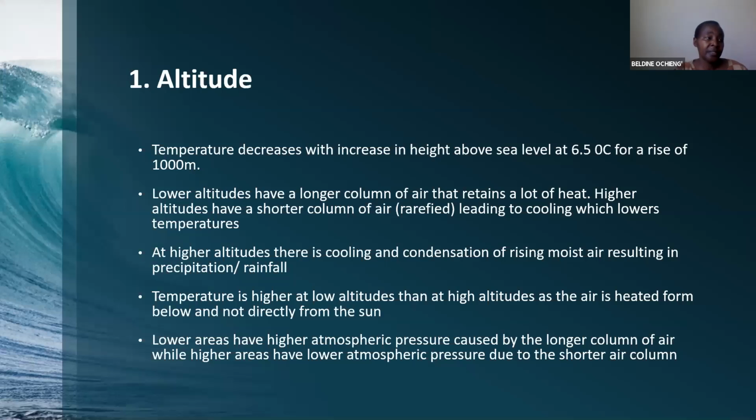At what rate? 6.5 degrees Celsius for a rise of 1,000 meters. When you ascend 1,000 meters, the rate of temperature decrease is 6.5, or 0.65 per 100 meters of ascent.